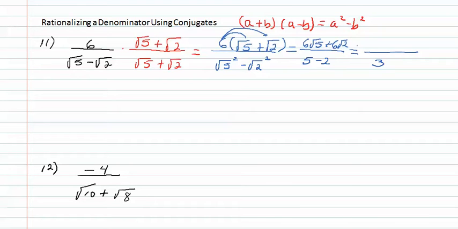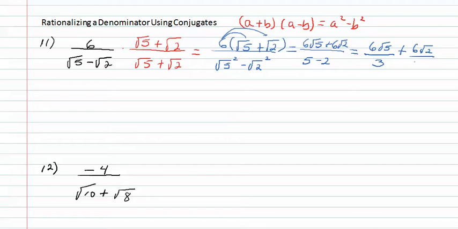Okay, at my denominator, I do have 3. So I've got 6 radical 5 over 3, and plus 6 radical 2.